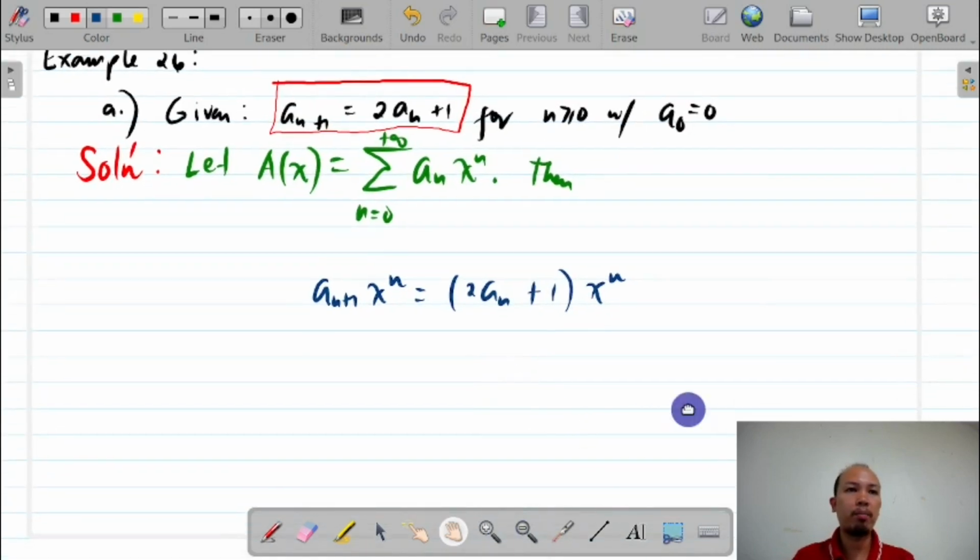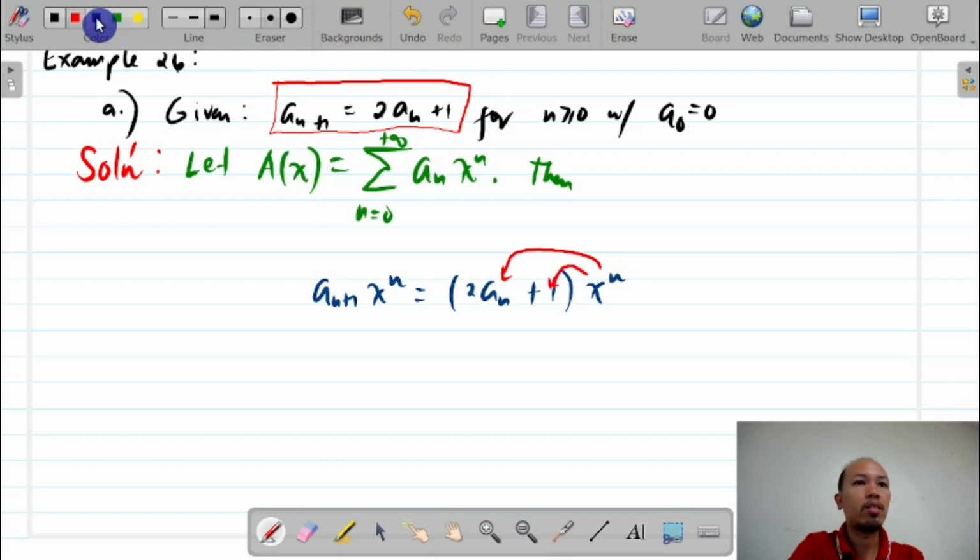So that's the first step, and then you have to sum. But before that we have to distribute x to the n first. So we have here a sub n plus 1 x to the n is equal to 2 a sub n x to the n plus x to the n, and then we are going to get the sum.